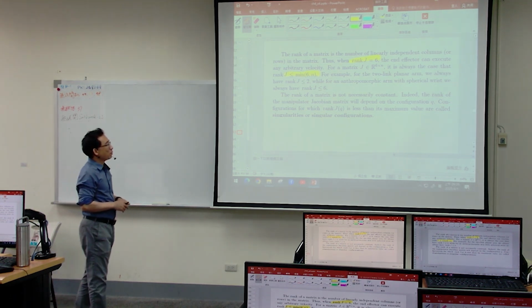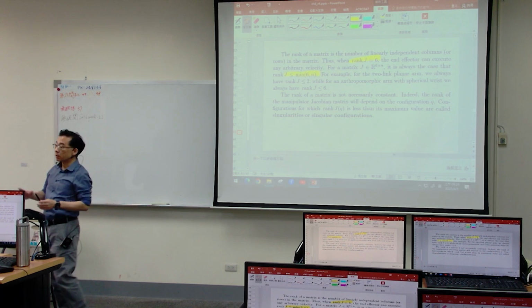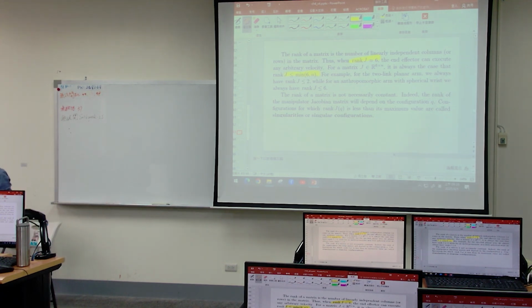But if it is smaller than 2, then it means some arm cannot move, whatever the angle command you input. Okay. So over here, J stands for the Jacobian. When its rank is less than its maximum value, it is called singularity. Okay, so the definition is over here.